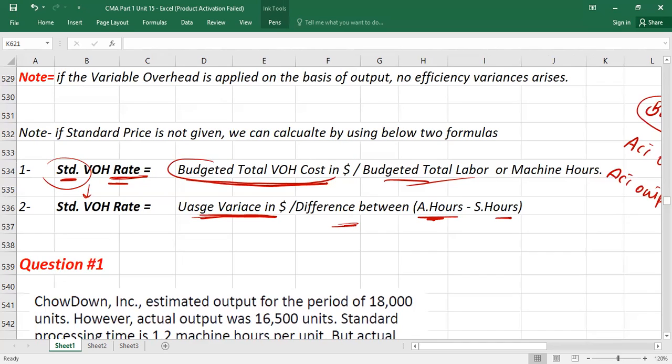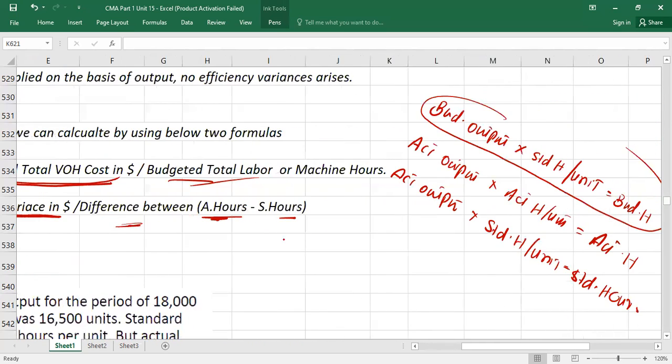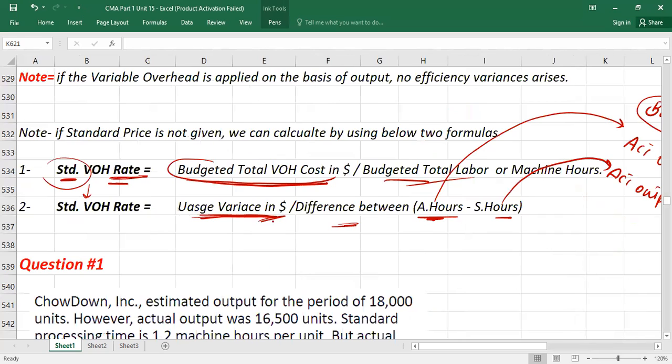I told you how to find actual hours, and this is the formula for standard hours. If I take the difference of actual hours and standard hours, this will be the variance in hours, right? And the numerator is variance in dollar. So efficiency variance in dollar divided by actual hours minus standard hours.